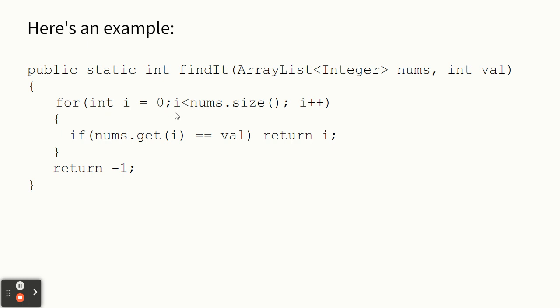And look, I start at the beginning, I go all the way to the end, and I check, hey, if the one that I'm at is equal to val, then I return that index. And then if I finish the for loop without finding it, I return -1. I wish I had put in here, and maybe I will after class.